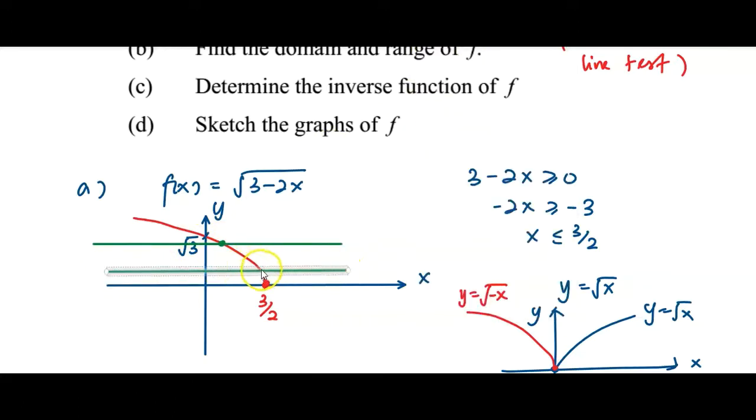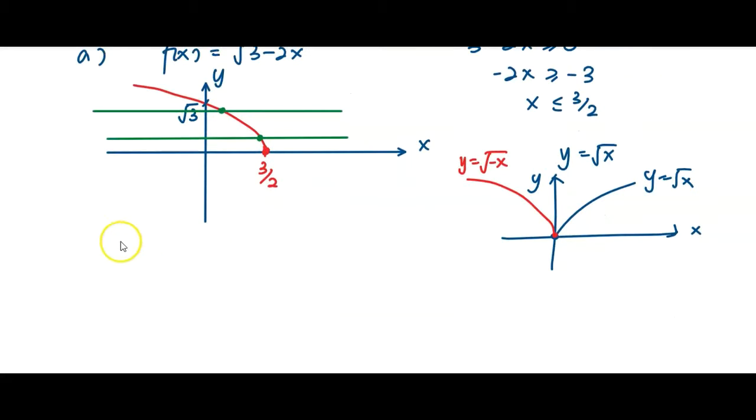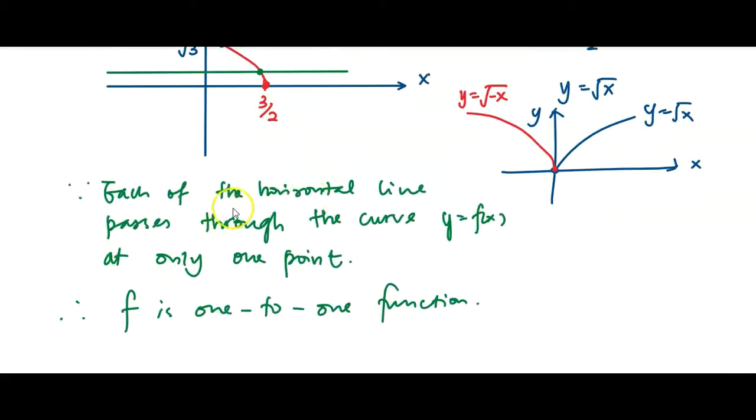No matter how many horizontal lines you sketch, you can always see that the horizontal line passes through your graph at only one point. So we need to make a conclusion. The first sentence is my reason, and the second sentence is the conclusion. The reason: each of the horizontal lines passes through the curve y equals f(x) at only one point. Therefore, f is a one-to-one function.